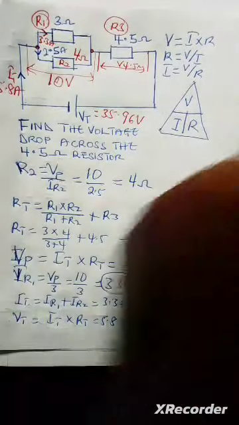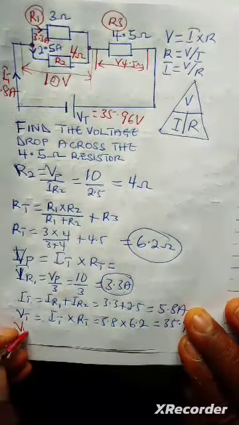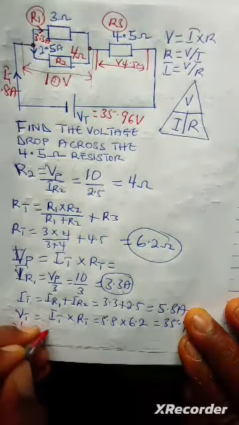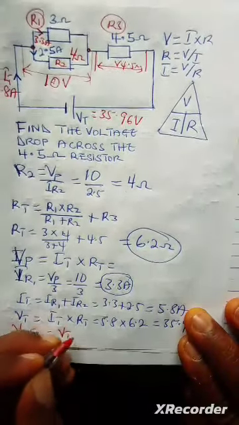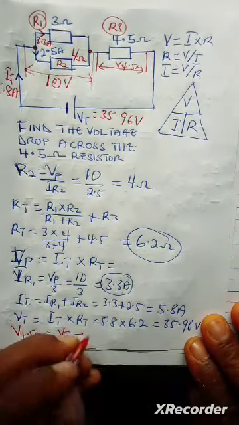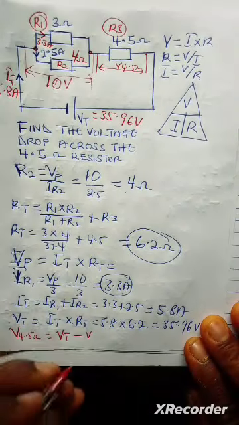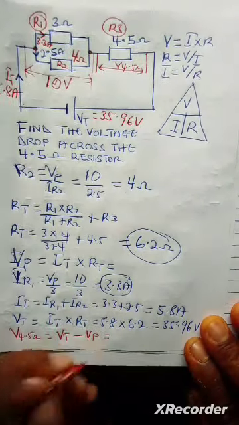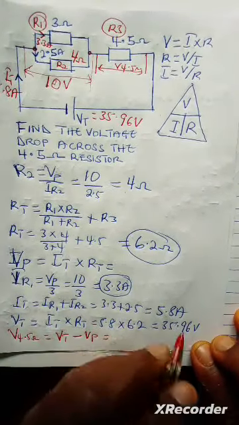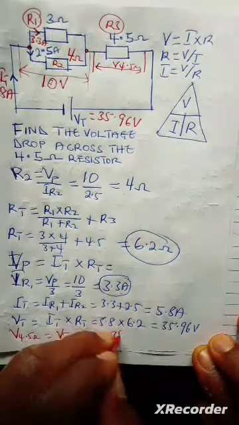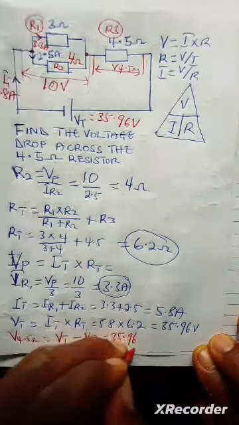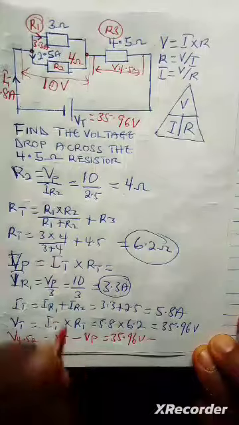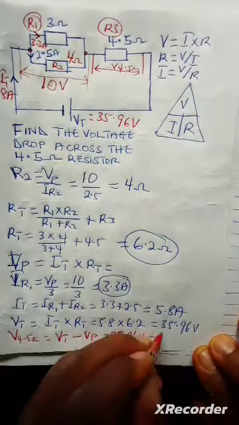Now if we want to know our voltage drop at 4.5 ohms, let's use the red pen. We say voltage across 4.5 ohms is the total voltage, 35.96 volts, minus the voltage across parallel, which is 10.